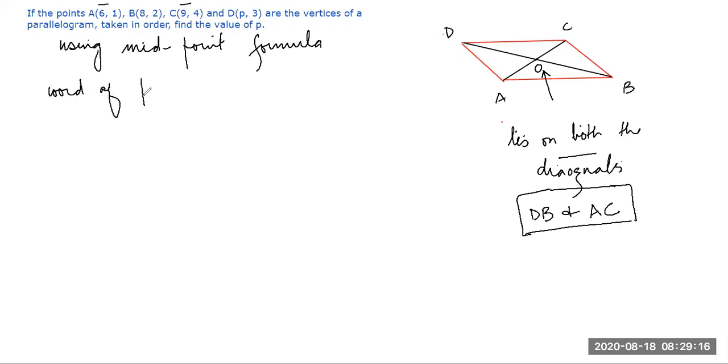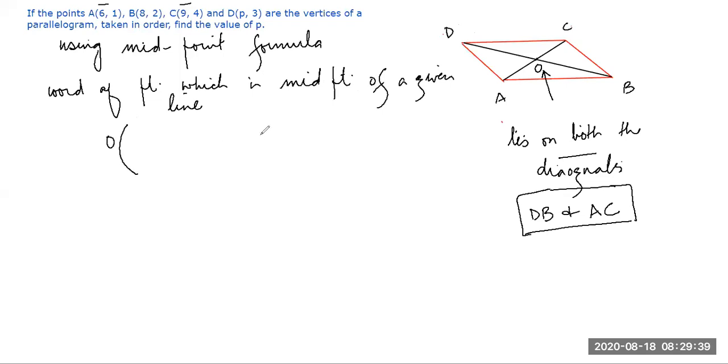The coordinates of the point which is the midpoint of a given line. Suppose this is (x1, y1) and this is (x2, y2). So the coordinates of O, which is the midpoint, will be, yes, Supreet Kaur, can you say? Okay, any student. (x1 plus x2) by 2, comma, (y1 plus y2) by 2.